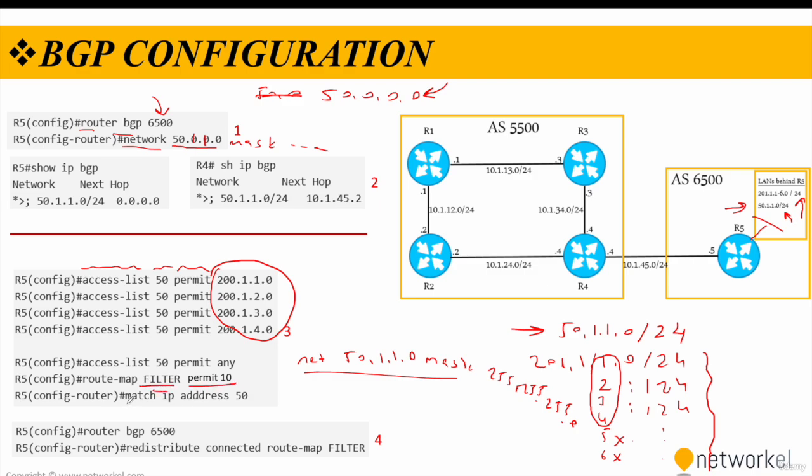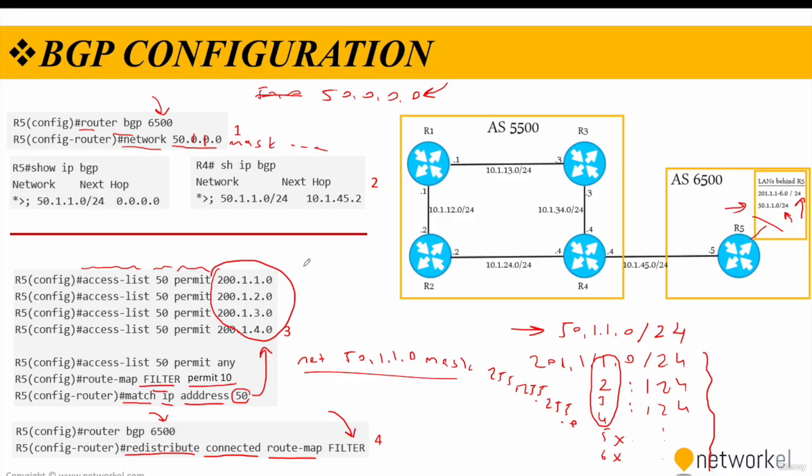What I'm doing with this route map is matching the IP address range defined with ACL 50, which is 10, 20, 30 and 40. Then I'm going into my BGP mode, router BGP and the AS number. On top of that, I'm doing this redistribution configuration. Redistribute connected, followed with the route-map keyword and the route map name.